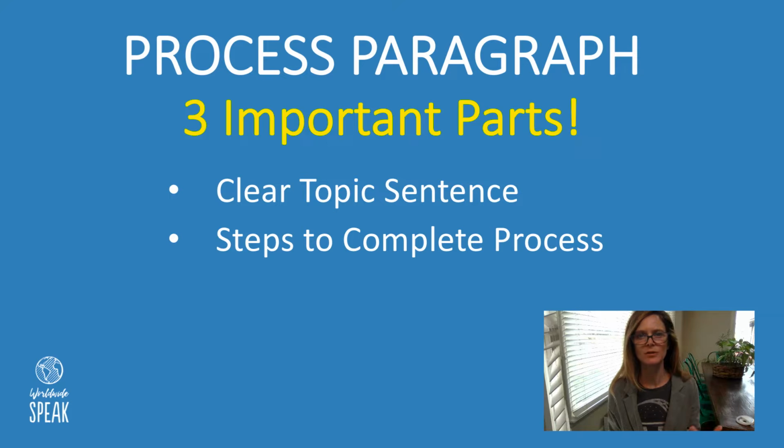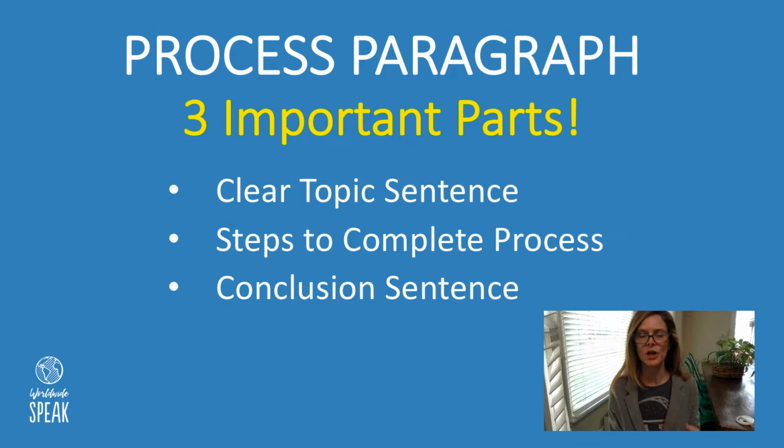You're probably going to want to include at least 4 steps so that each part of the process is broken down and clearly explained. And last, you're going to need a conclusion sentence that reminds the reader of your topic sentence and wraps up the paragraph.